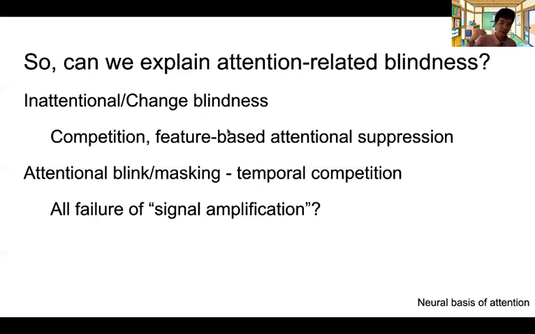And because this black thing is in general really suppressed, that's probably the reason why the gorilla is not experienced strongly, because it is being actively suppressed. And attentional blink and masking are also similarly explained in terms of the temporal version of this competition idea, probably. The important thing is that all of this is potentially explained by the failure of signal amplification and also too much suppression.